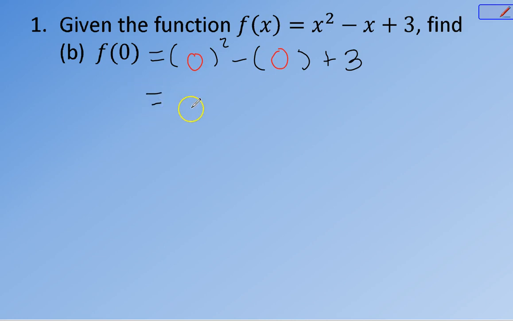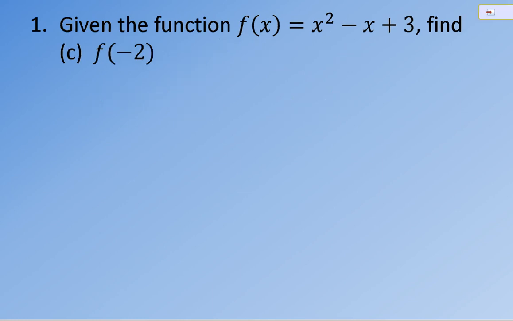Following the order of operations, 0 squared is 0, minus 0 is 0, plus 3 is 3. And so we could say that the f of 0 equals 3. So 3 is our solution. And then if we took it a step further, we could say that that is the corresponding point if we were to graph it.